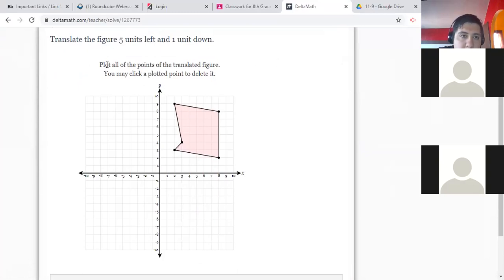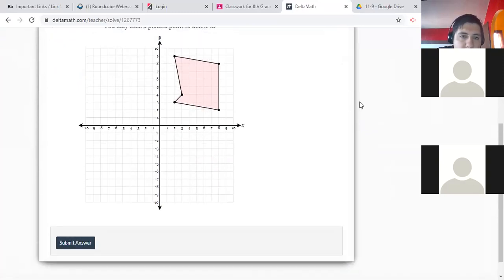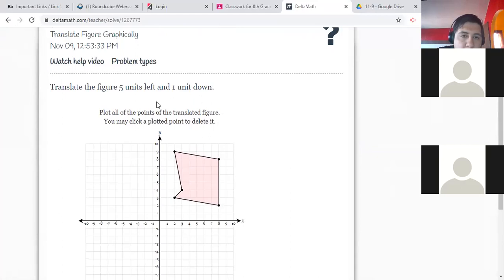Okay, and so with this one, all we're doing is just moving all the points where it tells us. So 5 units to the left and 1 unit down. So we're going to move this point to the left. So 1, 2, 3, 4, 5, and then 1 unit down. So our point should go right there.